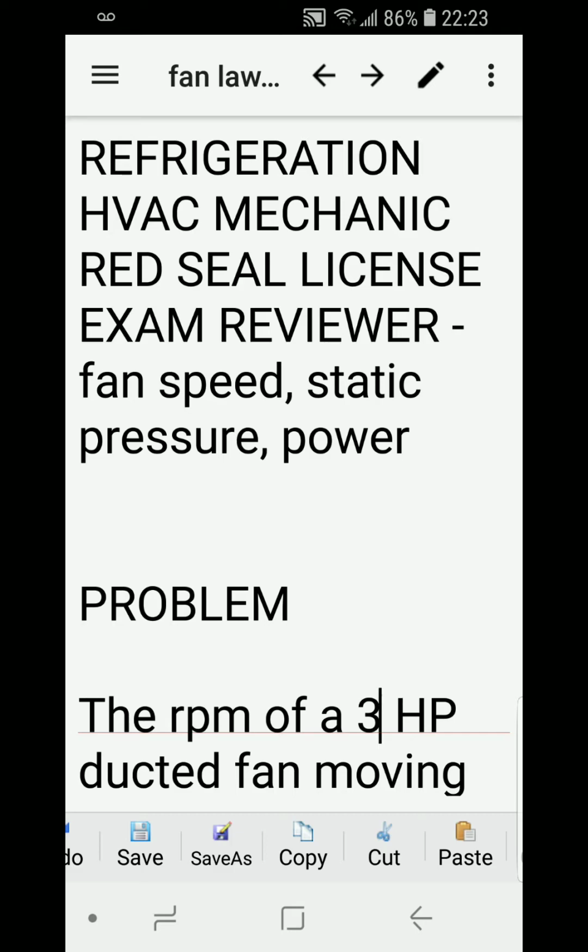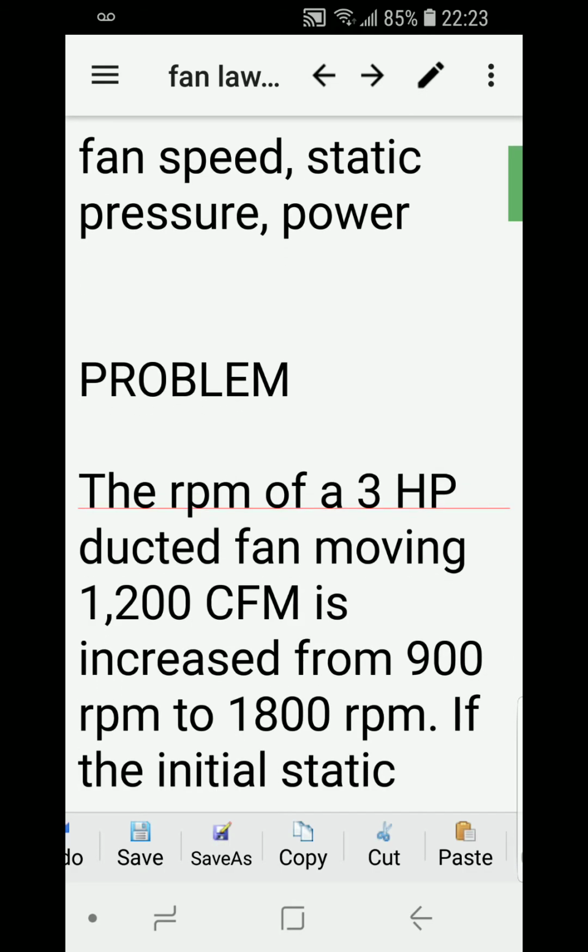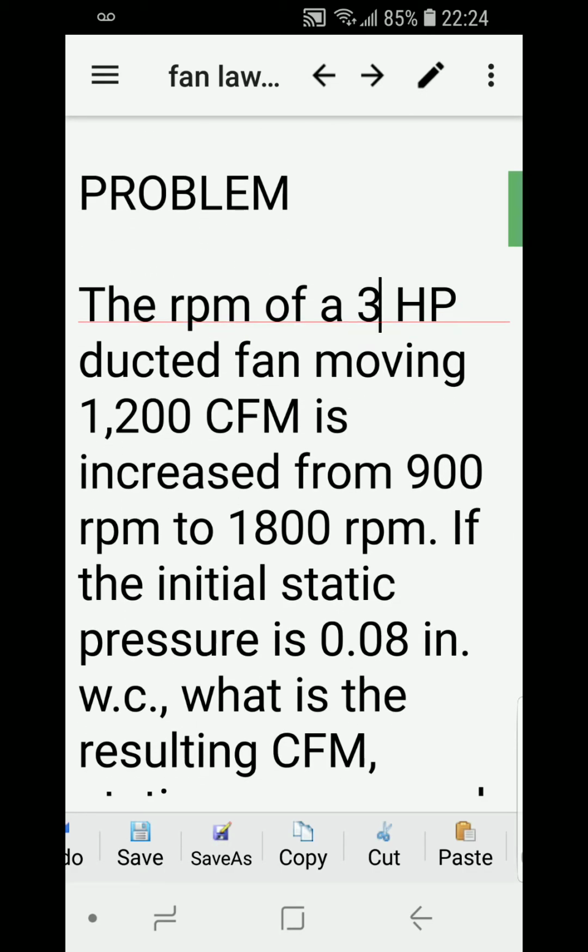Today's topic is on fan speed, static pressure, and power. So this is the fan law, or fan affinity law. To illustrate this, we have a problem here.